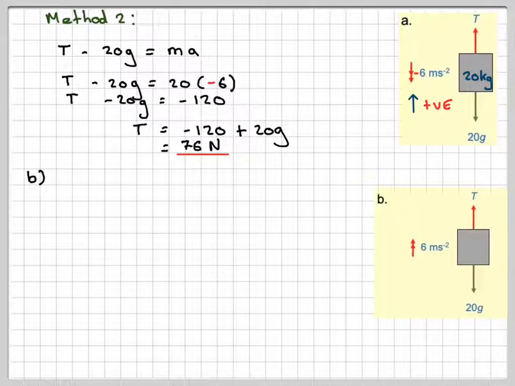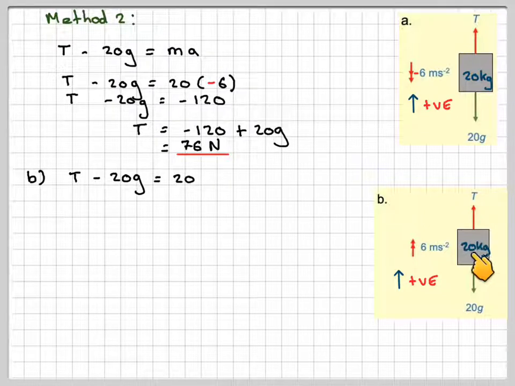Now, when we're looking for an acceleration going upwards, then it's really better to just consider that upwards is positive. And now we say, because T is acting positively upwards, it's T, the 20g is acting downwards, is equal to the 20, because the mass is 20 kilograms, we get that from here, times the acceleration, which is going to be 6.